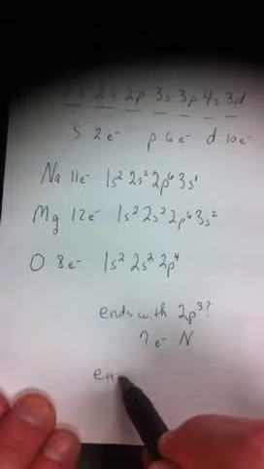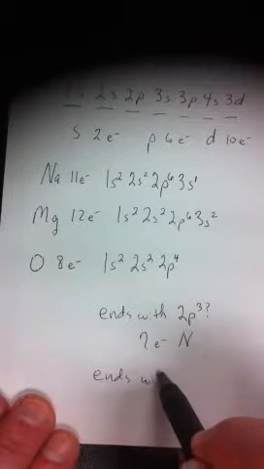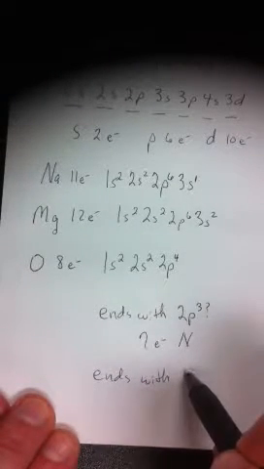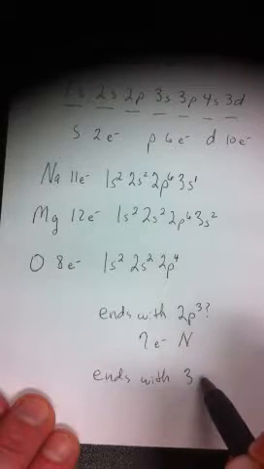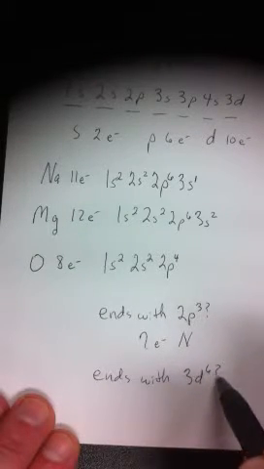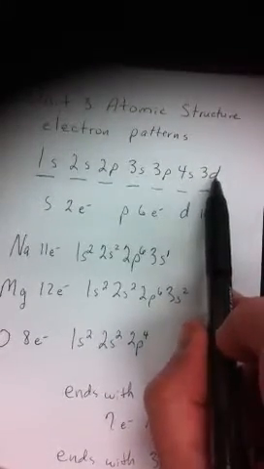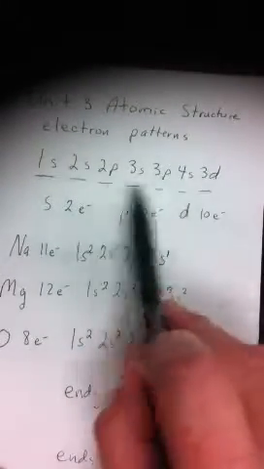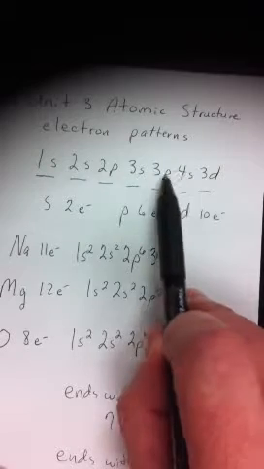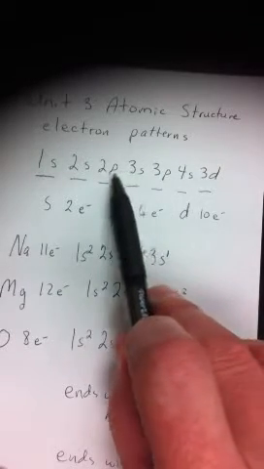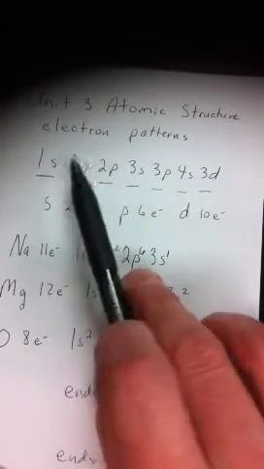Or let's say it ends with 3d6. So that means there's 6 electrons in here. Everything else has to be full. That's 2 electrons, 6 electrons, 2 electrons, 6 electrons, 2 and 2.